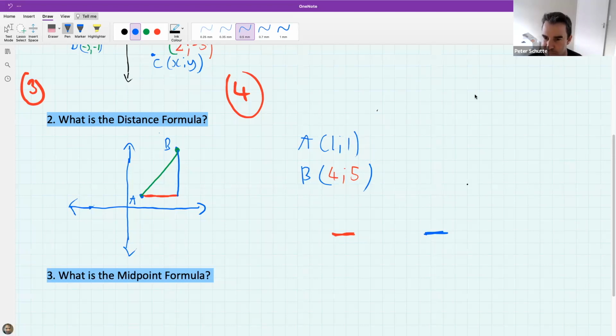Time to bring out last year's books. Yes, so if we count the blocks, how long is the red line and how long is the blue line? I'm quite curious. I think the red is 3 units. Yeah. 1, 2, 3. How long is the blue one?